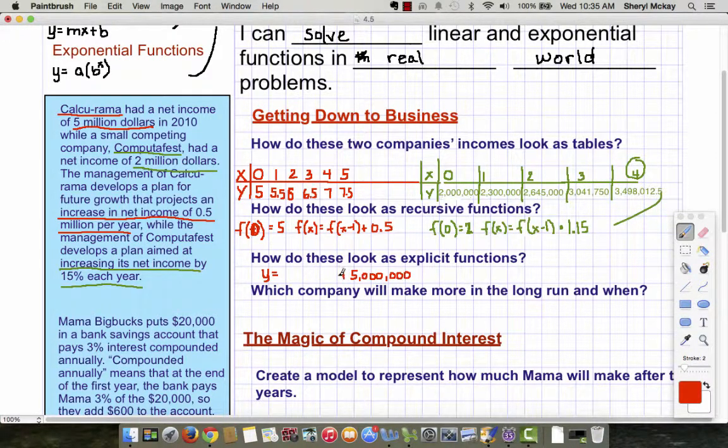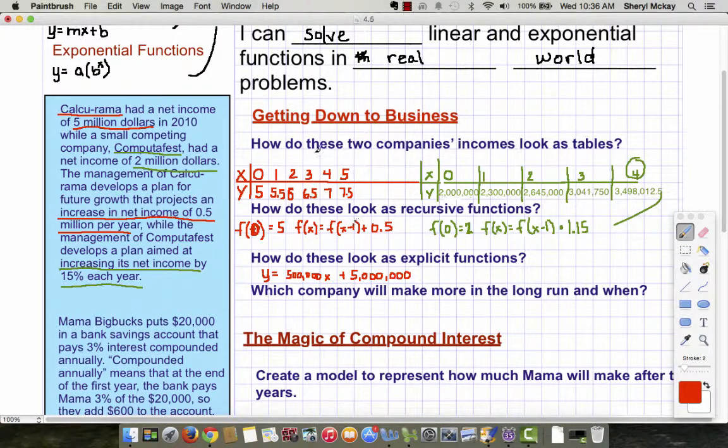And I do it how many times? Well, I do it however many years I have, right? In the first year, I add 500,000. In the second year, I add 500,000 plus the previous 500,000, which would be $1 million. So 500,000 times 2. So that's my explicit function.